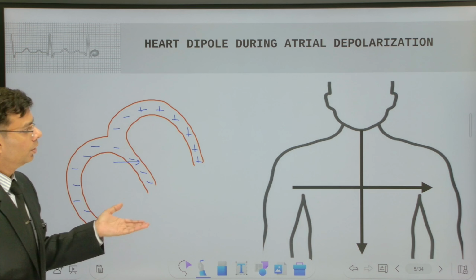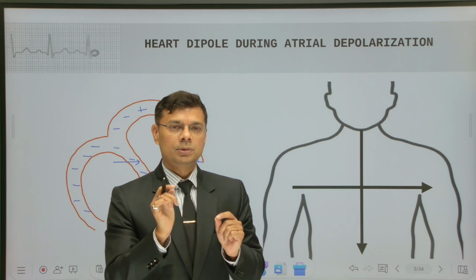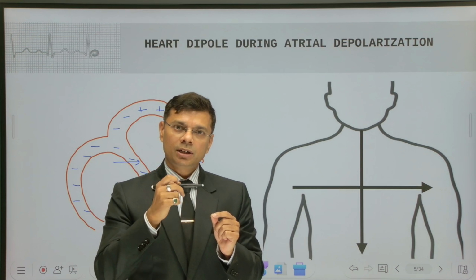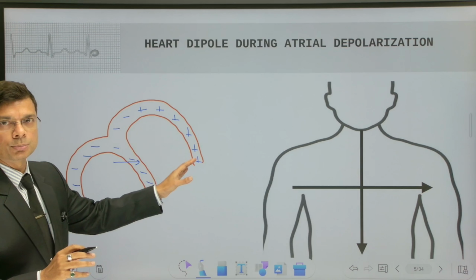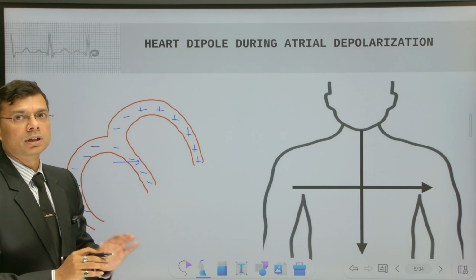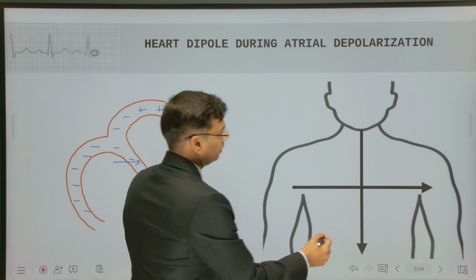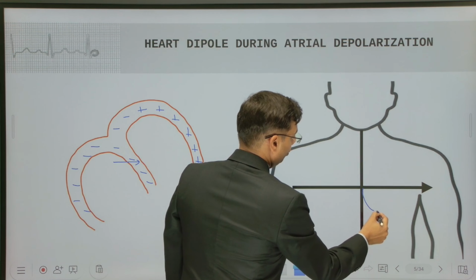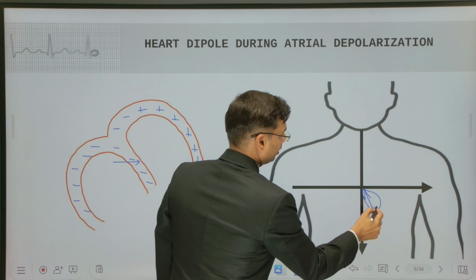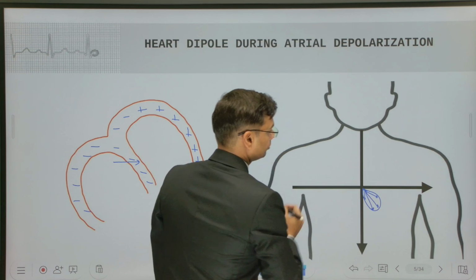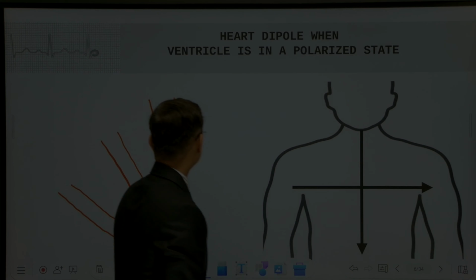So actually what is happening is the dipole for the atrium starts and makes a loop, and after the whole atrium is totally depolarized, all the negative charges come here, and again we come to a stage where there is no dipole. I am marking a loop, and this is called the P loop. The vectors moving like this make the P loop for atrial depolarization.